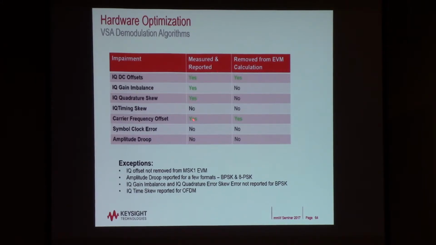But these things are sometimes measured and reported, sometimes they're not, and sometimes they're removed from the actual EVM number. So even though this bad effect might be happening in the system, we exclude it from the measurement result. That's normally because the standard says this should not be accounted for in the EVM metric.